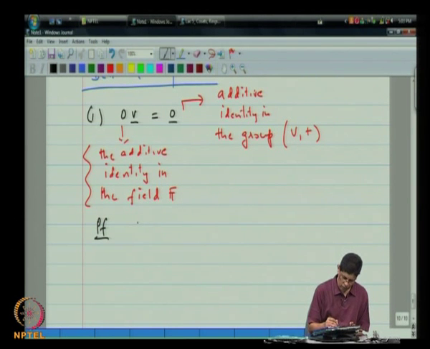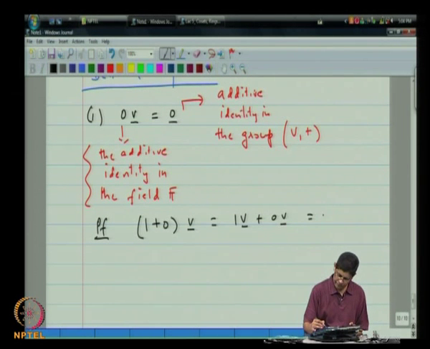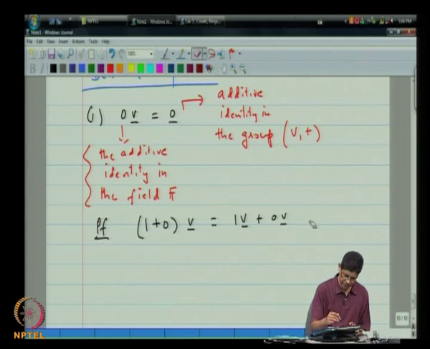If you take 1 plus 0 times V, then this will be 1 times V plus 0 times V, which will be, okay, let us leave it at that.